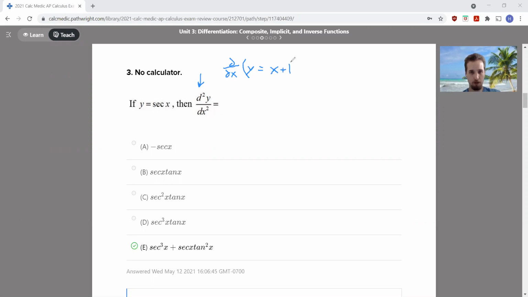That's our initial equation, y equals x plus 1. Well, I'm going to get dy dx. And on the other side, well, the derivative of x is 1.